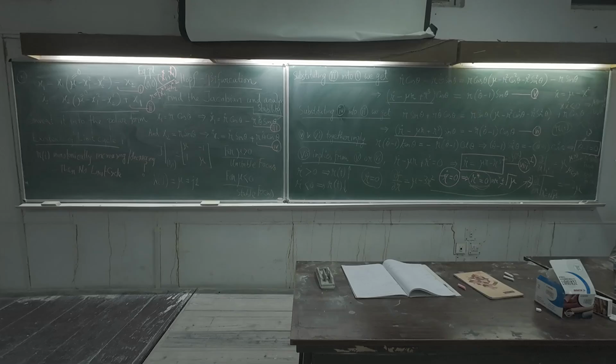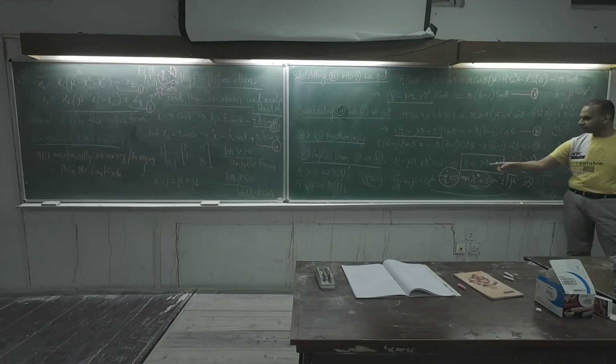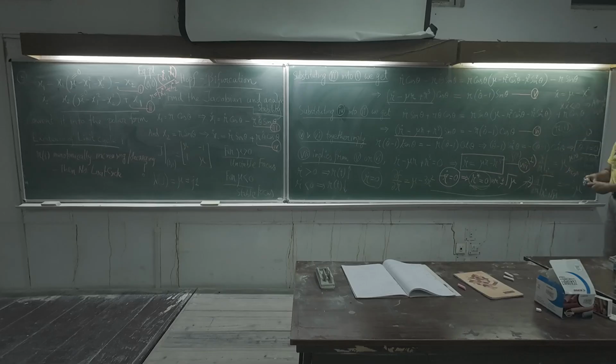So can you explain this: if R dot is increasing and sometimes decreasing, in that changing nature, how do we come to a conclusion that at some point it will show a limit cycle? Like here, suppose there is an initial value of R that is really less. What is R? Root over x, initially R0.